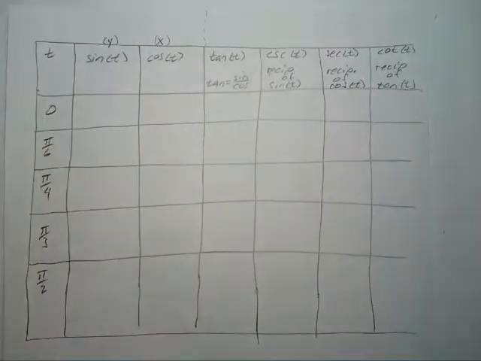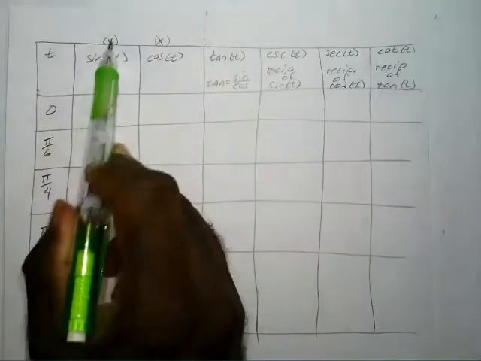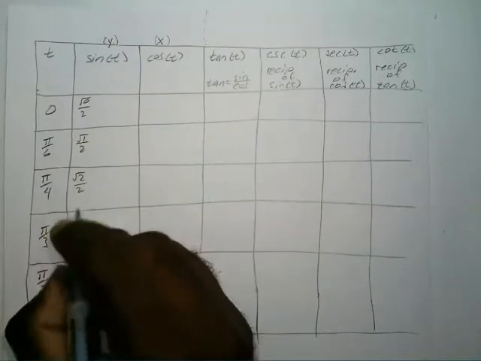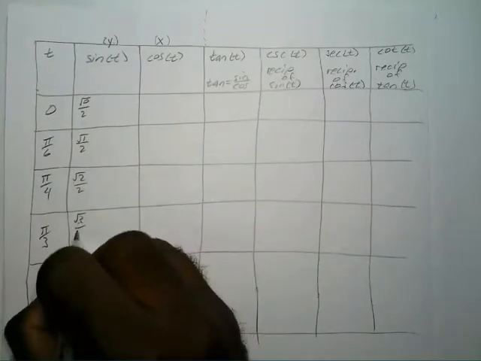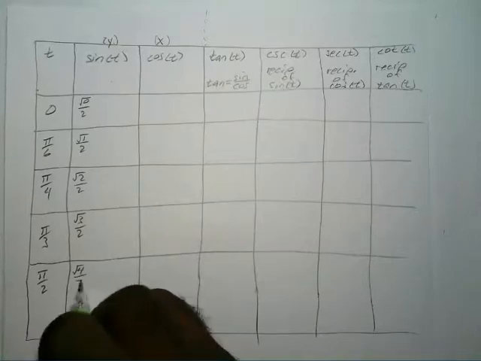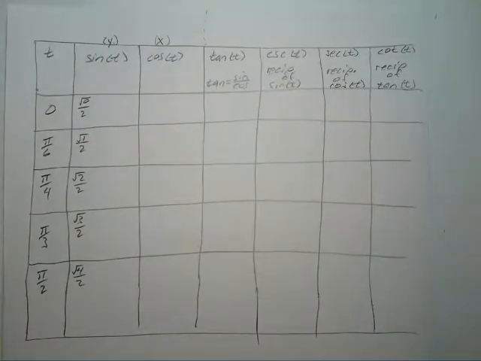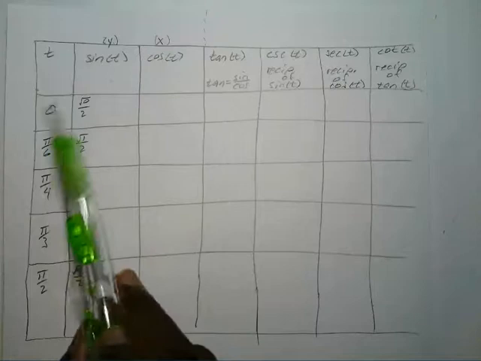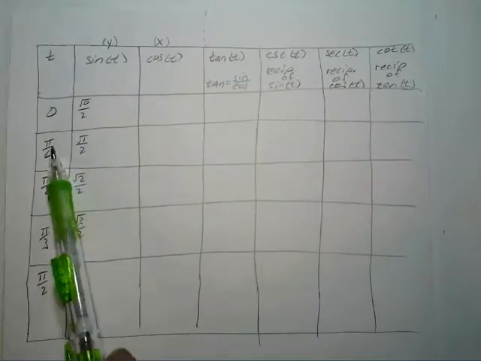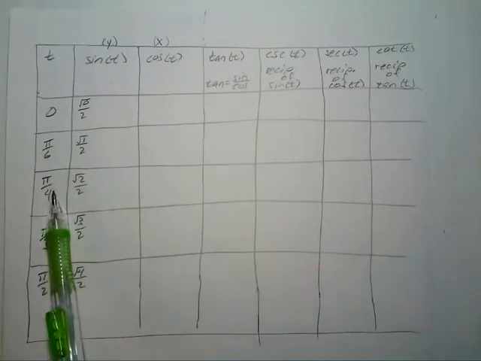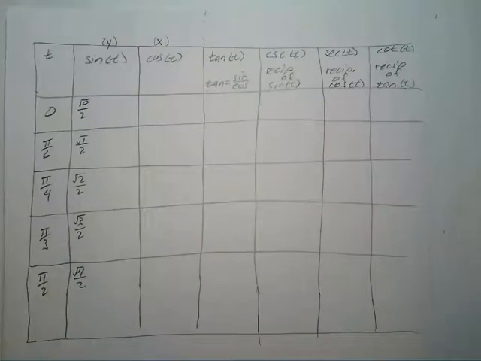So if you remember, starting with your y, you go square root of 0 over 2, square root of 1 over 2, square root of 2 over 2, square root of 3 over 2, and square root of 4 over 2. Okay, you always start with your y. So you're going with 0, pi over 6, which is 30 degrees, 45 degrees, 60 degrees, and 90 degrees.